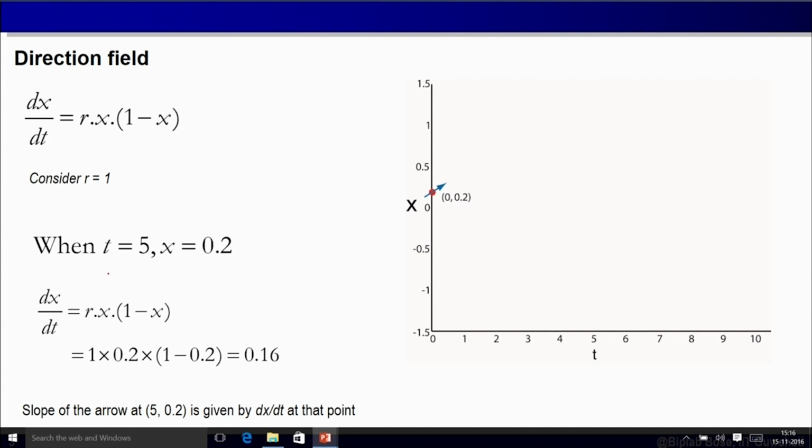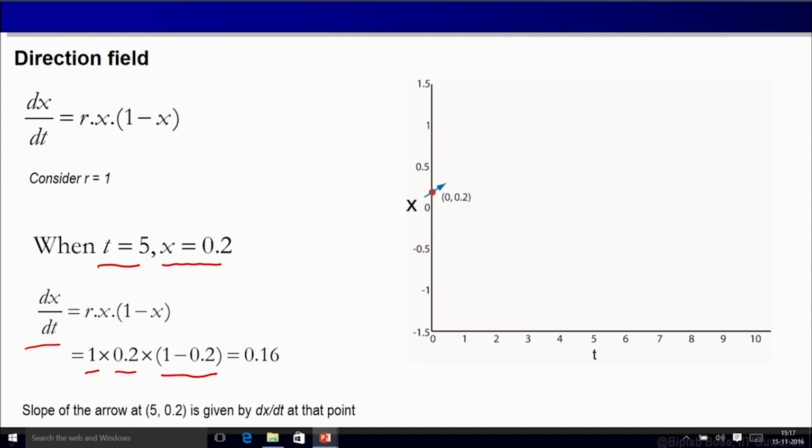Let us take another point, for example, t equal to 5 and x equal to 0.2. Let us calculate the value of dx/dt at that point. r is again 1, x is 0.2, 1 minus 0.2 is 0.8. You don't have any t term in this equation, that means this is not affected by t.